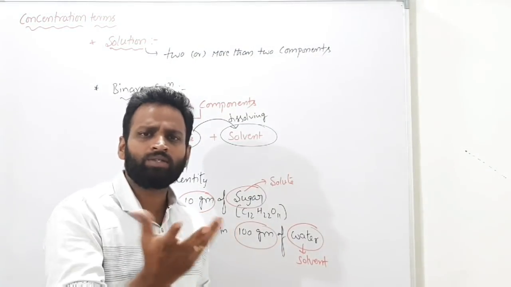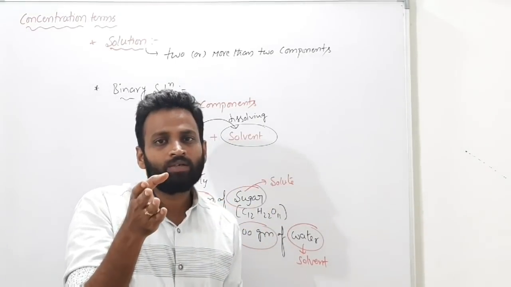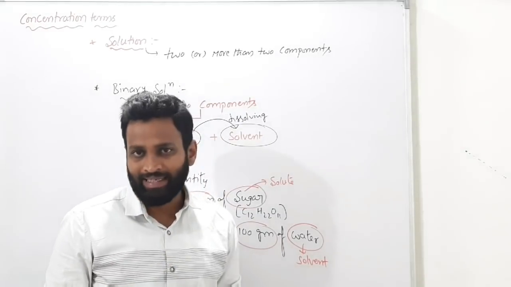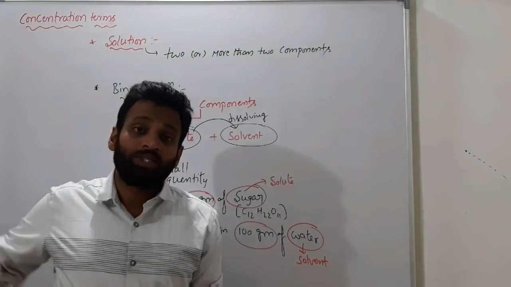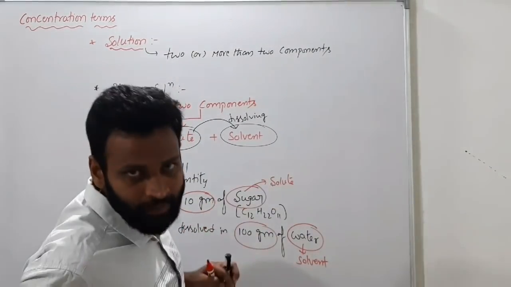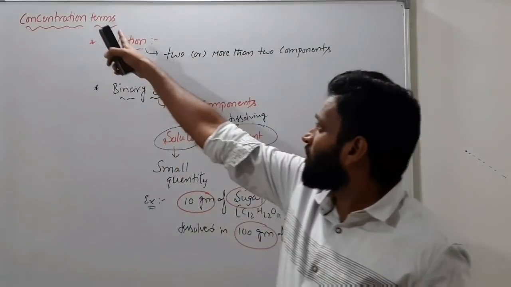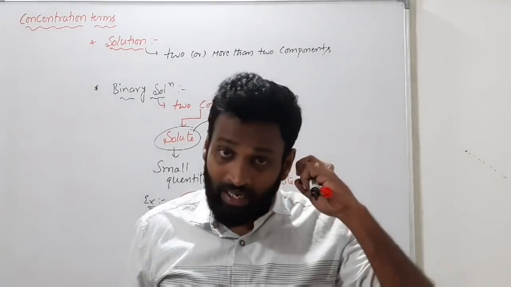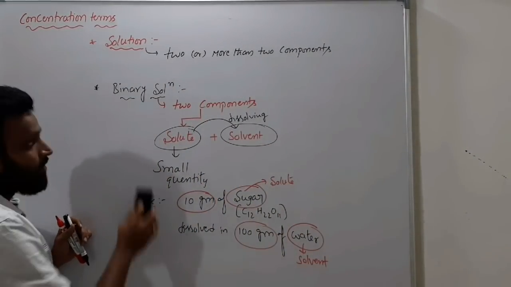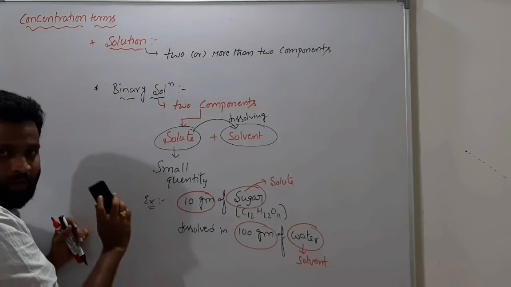Same with salt water: common salt, NaCl, is the solute and water is the solvent. Now our question is, how much solute is present in a particular solvent? We can understand that using concentration terms. Let's see one by one what concentration terms we have. Just write down all these things, or take a screenshot; that's a better way.